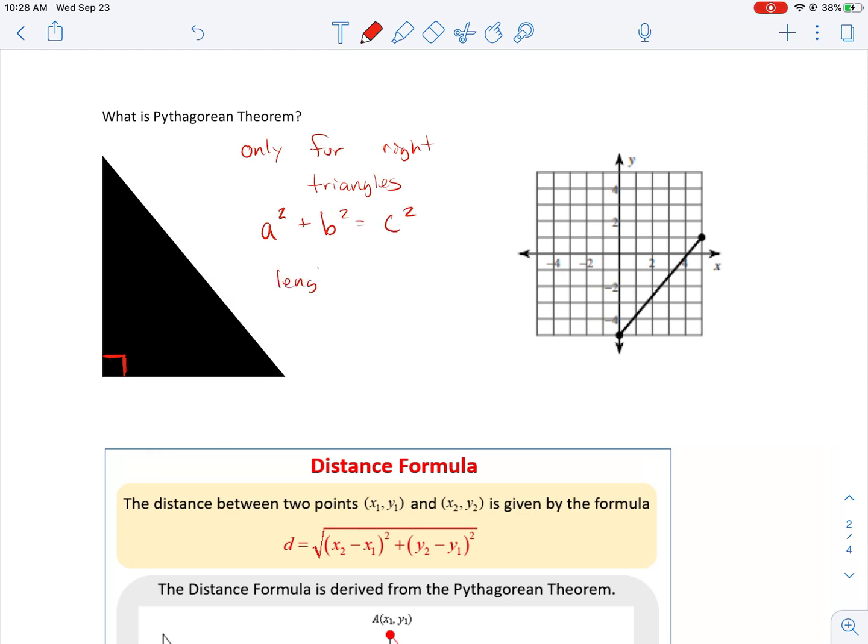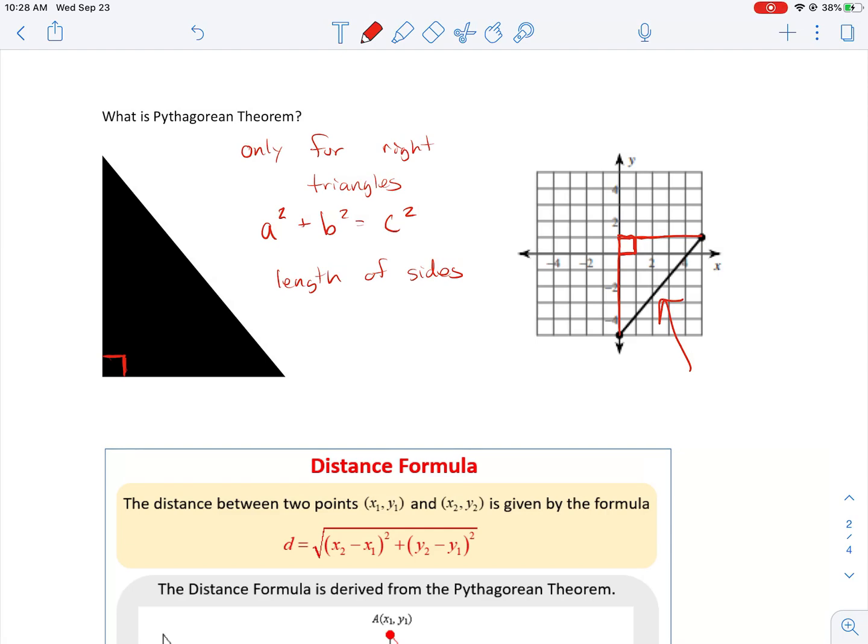It's used to find the length of sides of a right triangle only. Let's look at this graph over here. I'm going to create a right triangle.